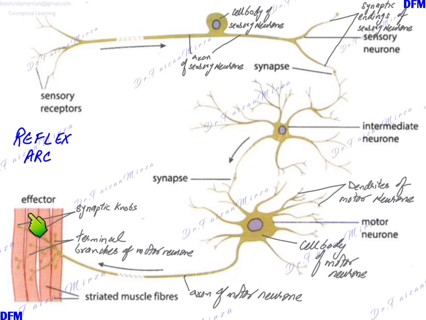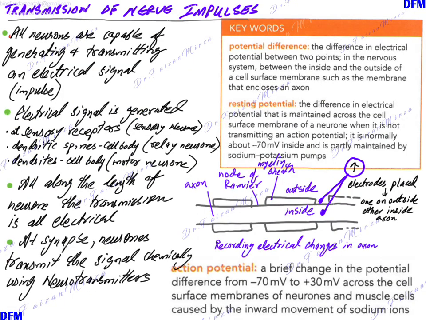The muscle membrane was also at a resting membrane potential. The moment the neurotransmitter got released by these endings on the muscle membrane, the muscle undergoes depolarization, and the depolarization of the muscle causes the muscle to contract. So this is how an action potential begins.